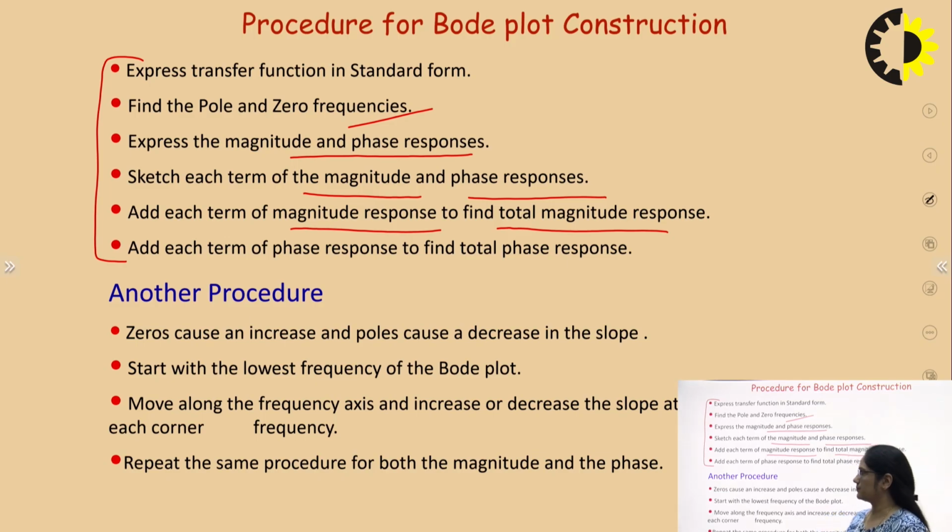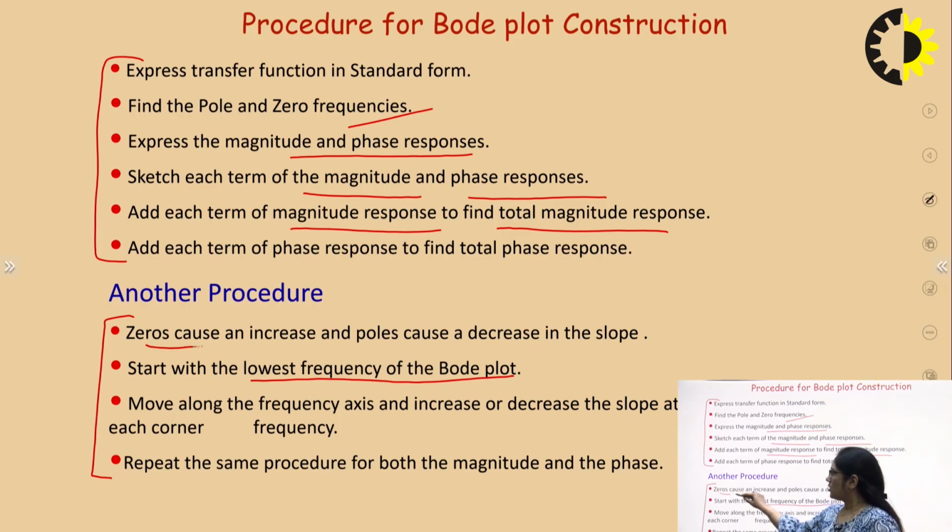The other way is we first identify the lowest frequency in the given transfer function, and then use the logic of an increase in the slope for a zero and a decrease in the slope for a pole.